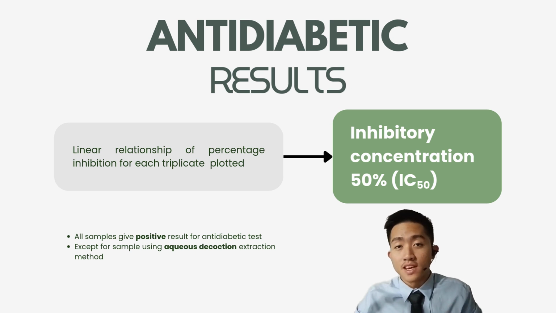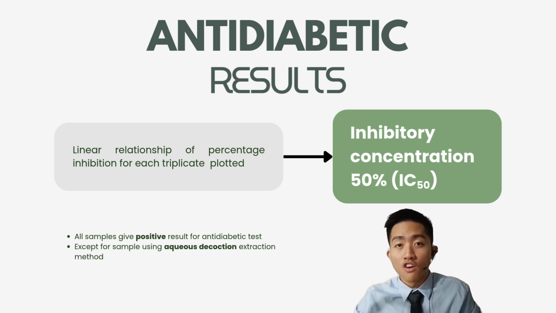As for results and discussion, first, we will look at the result for anti-diabetic tests. All samples were positive for anti-diabetic activity, similar to the previous study of M. malabathricum, except for aqueous decoction sample.